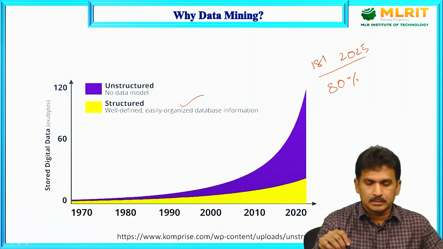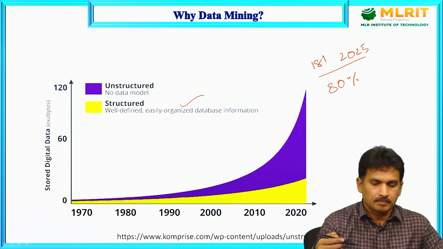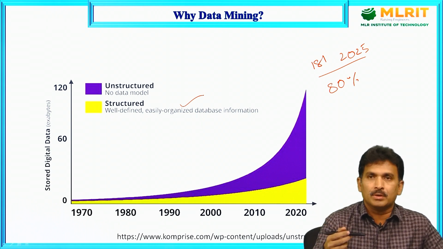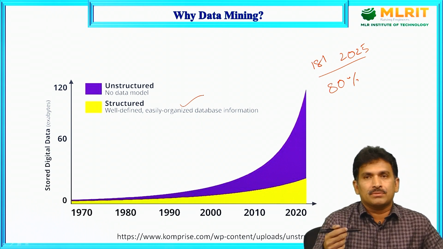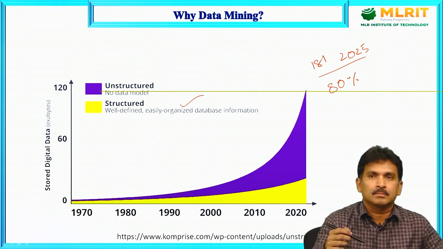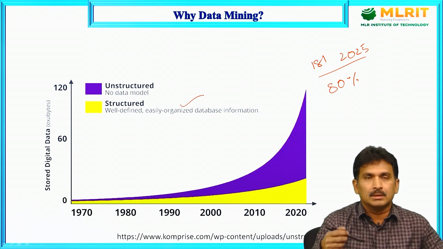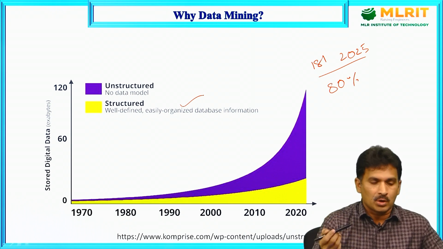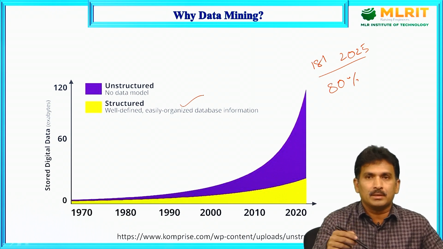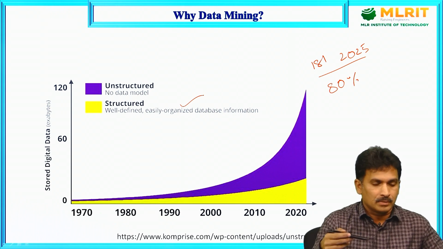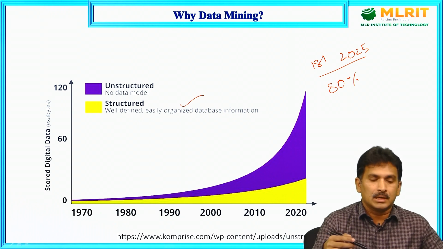But data in unstructured format, like video data, audio data, or text data, for example if you want to do Twitter sentiment analysis, the tweets you extract may have unwanted stuff that needs to be removed in pre-processing.